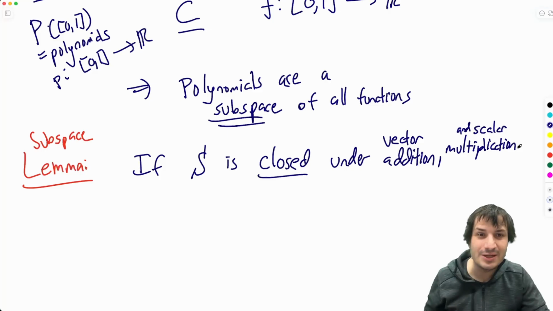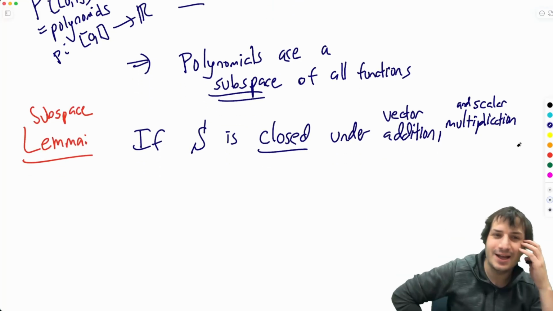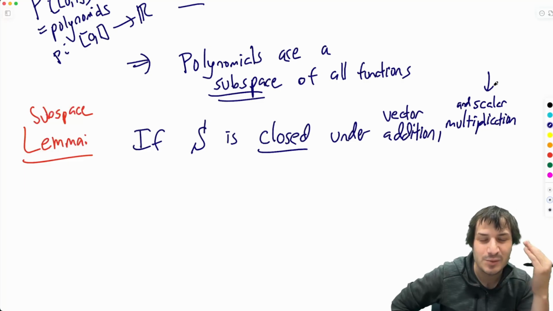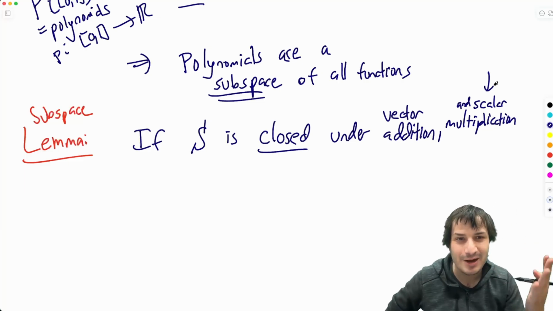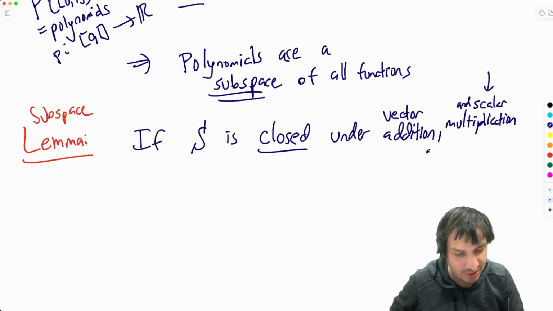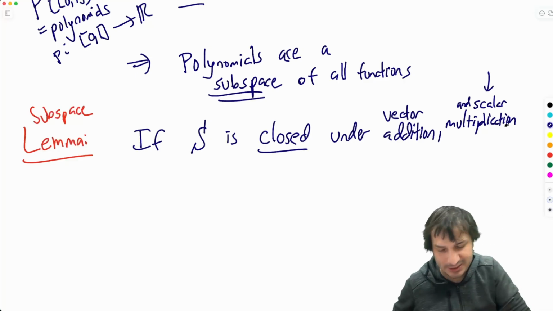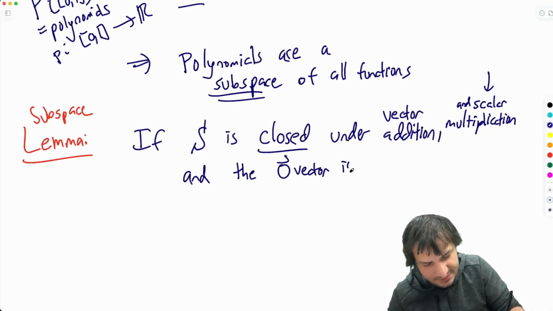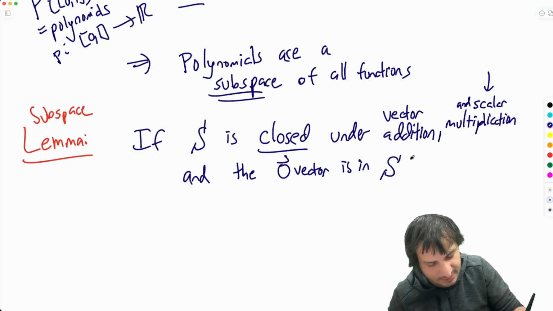Oh, and there's one other thing you need, which is that it must contain 0. Technically, containing 0 is covered by scalar multiplication, because if you multiply by the scalar 0, you get 0. But I will write it out in full. So if S is closed under vector addition and scalar multiplication and the 0 vector is in S, then S is a subspace.